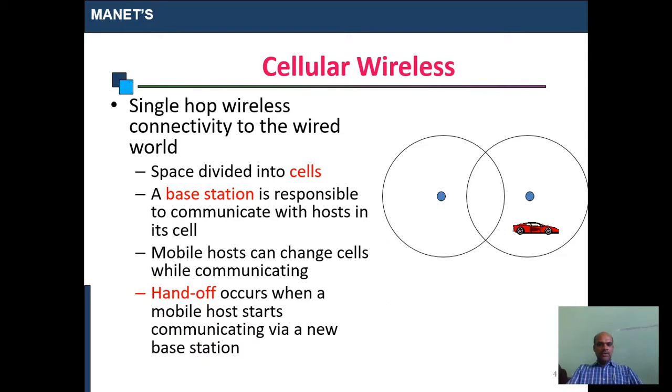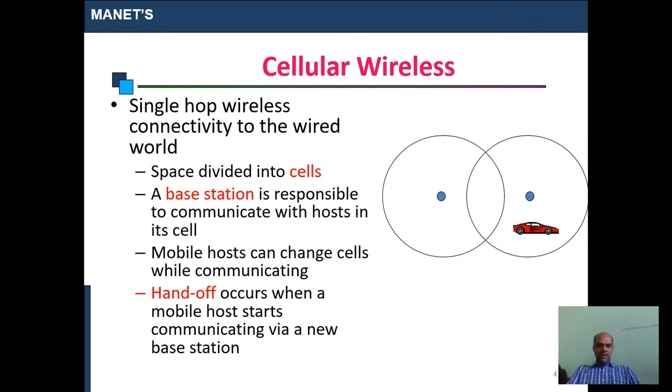When it comes to cellular wireless networks, these are single hop wireless connectivity to the wide world. The space we have is divided into cells, and a base station is responsible to communicate with the hosts in it.